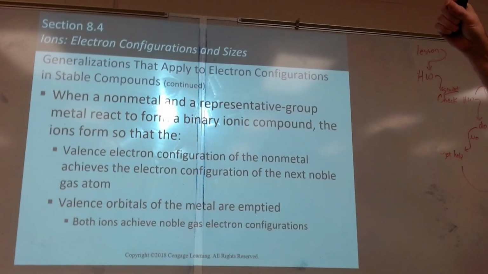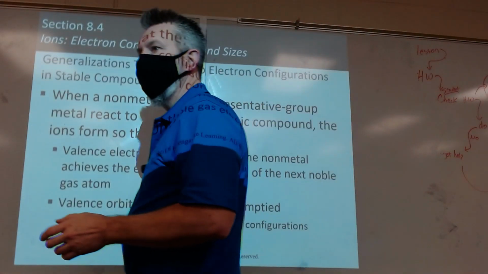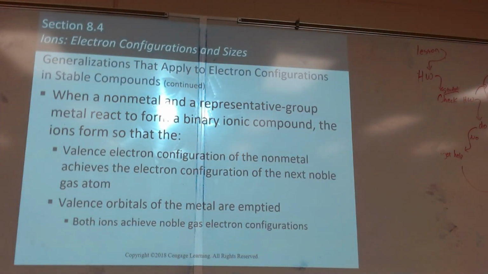Nonmetals gain electrons to move to a noble gas, and the metals lose electrons to go back to the previous noble gas. That's why we know that group 1 is always going to have a charge of +1 and group 2 is always going to have a charge of +2, because they're losing those electrons from their s orbitals, and those s orbitals are farthest away from the nucleus. All right.